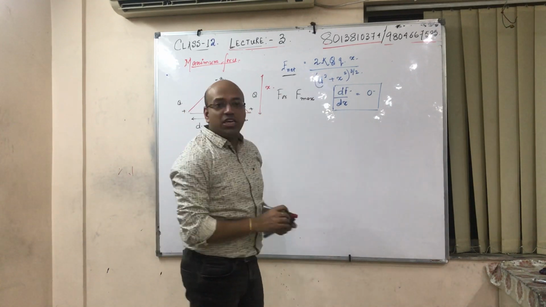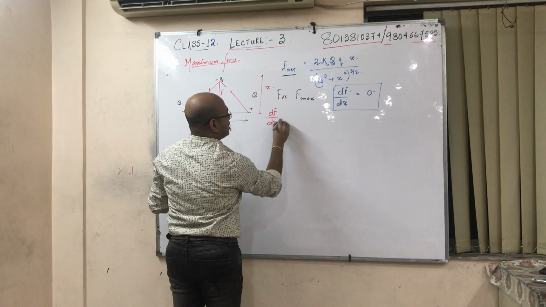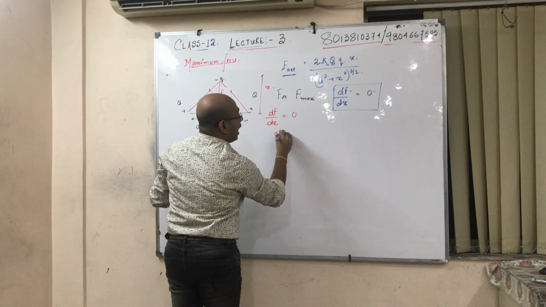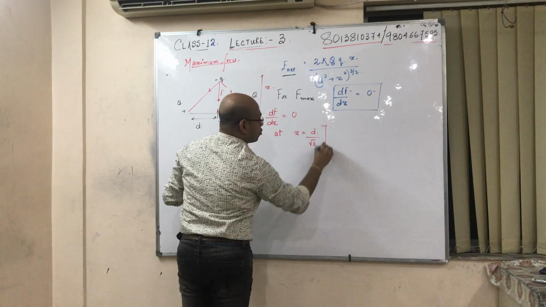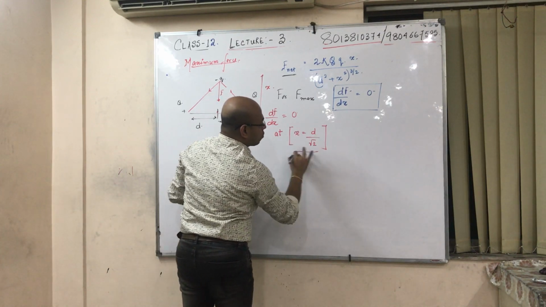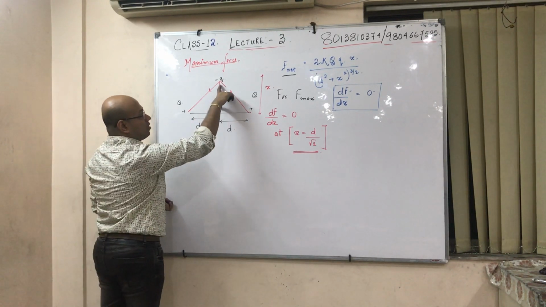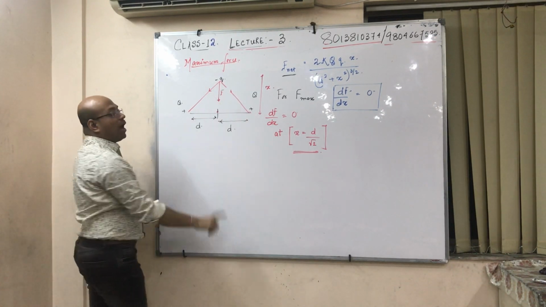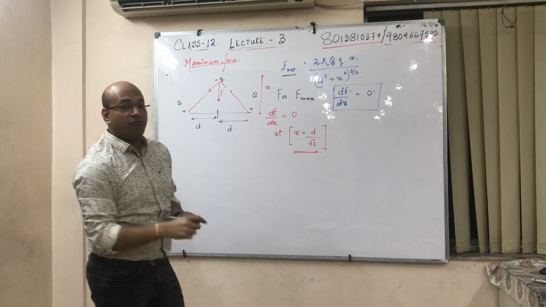You can do the differentiation and we will get dF by dx equal to 0 at x equal to d by root 2. When the value of x is equal to d by root 2, you will get the maximum attractive force.